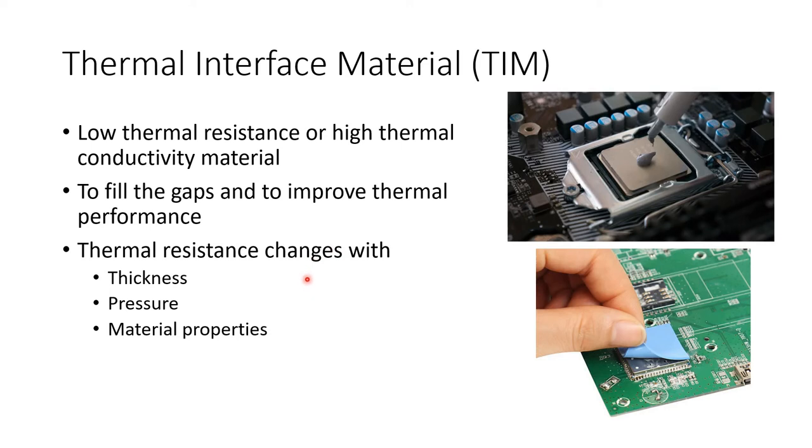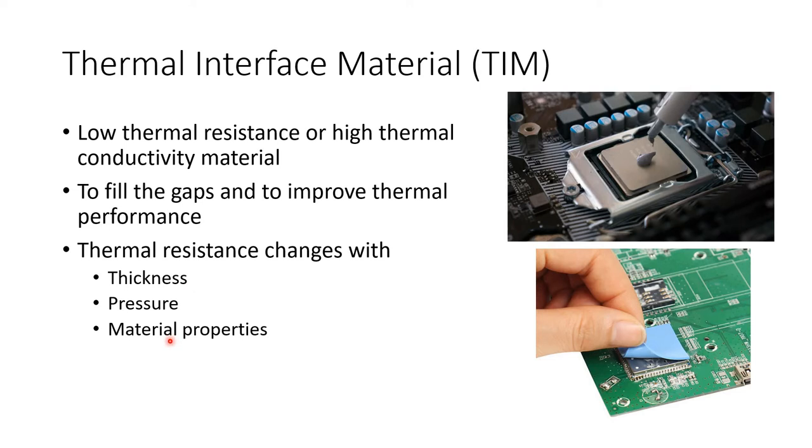Thermal resistances are not constant like electrical resistances. In fact, electrical resistances are not constant, but they are more or less constant. But thermal resistances change a lot. They change with the thickness of the material. They change with the pressure applied on the material. If you increase the pressure, material thickness will reduce, so that you can have a low thermal resistance.